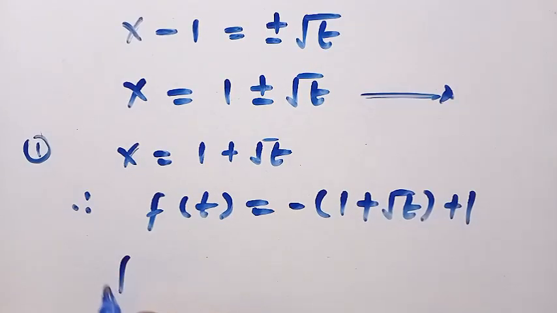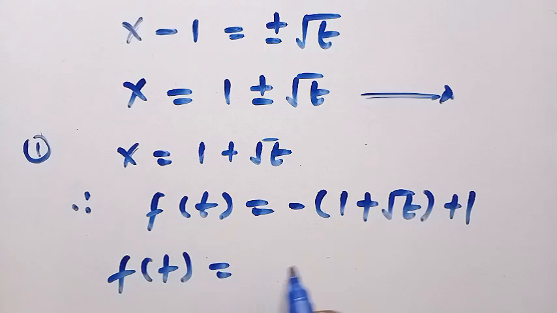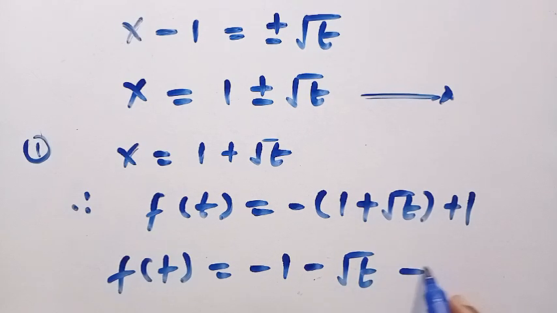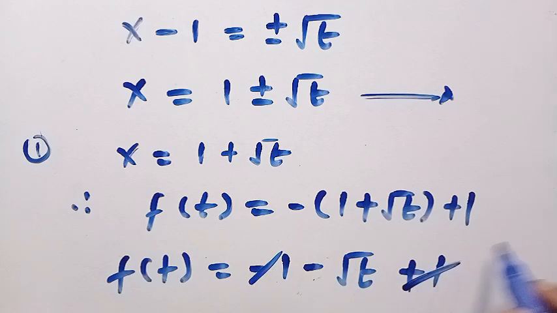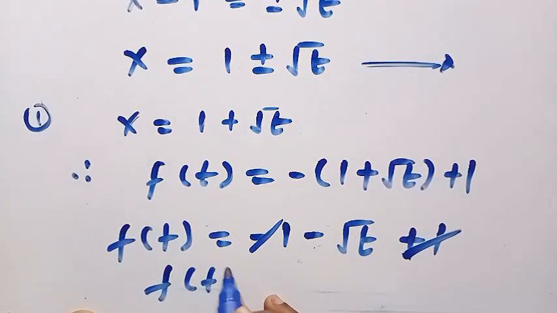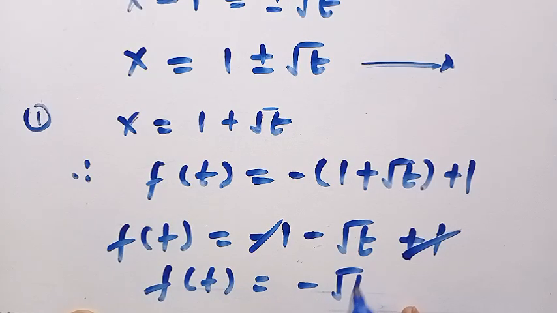And by this, when we open this parenthesis, we have f of t equals minus 1 minus root t plus 1. Plus 1 minus 1 cancelled. Then we have our f of t equals minus root t. Let's consider this as the first function that we got for f of t.